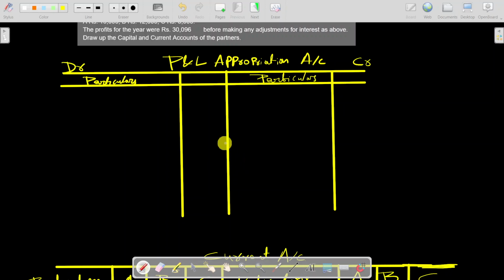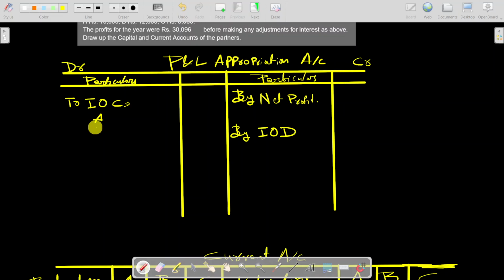In the P&L appropriation account, what will come? On the credit side, by net profit and by interest on drawings, and on the debit side, to interest on capital, and we will have three partners: A, B, C. And if they are taking any salary, we have to write salaries here.